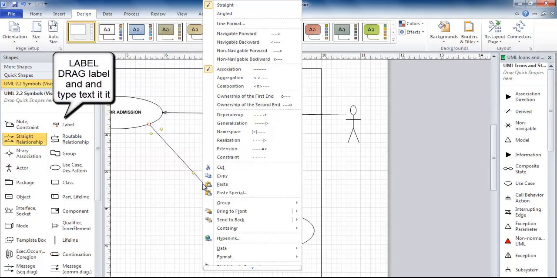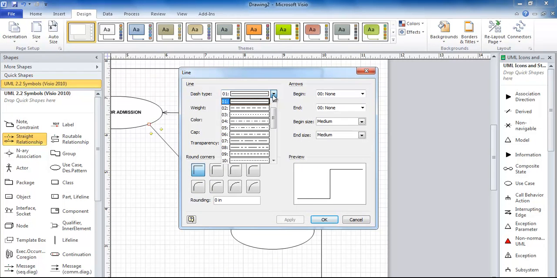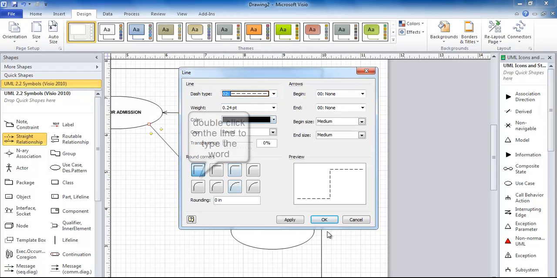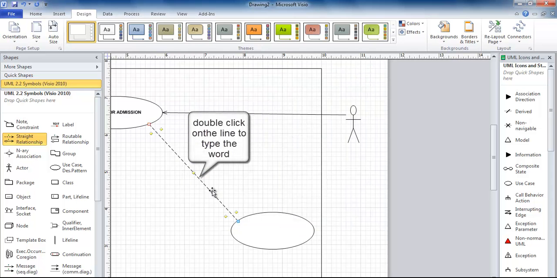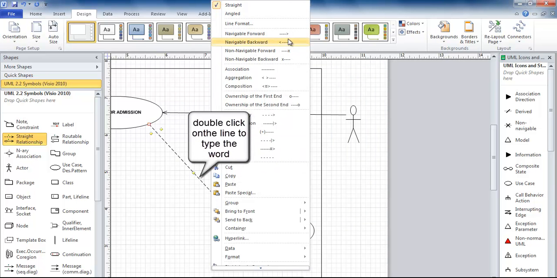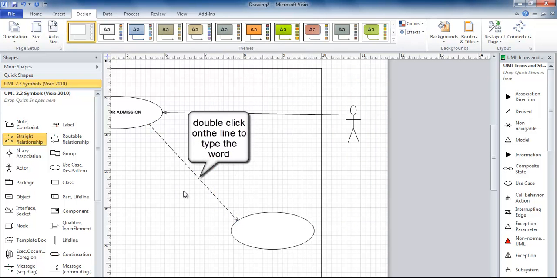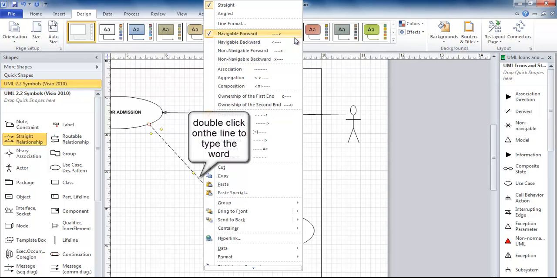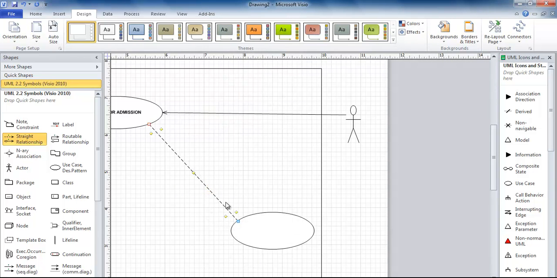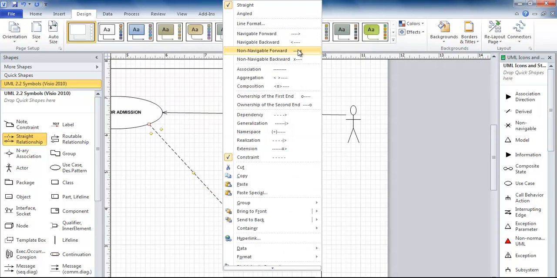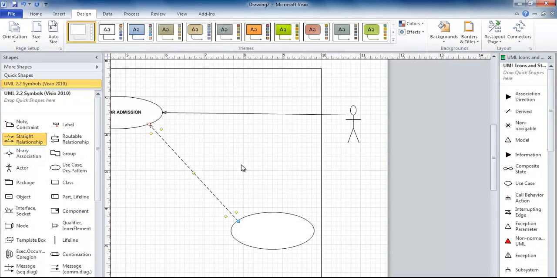If I want to change the line format, I can change it, click OK, and change it again if I want. I can change it to navigated forward. This is how you change the line format.